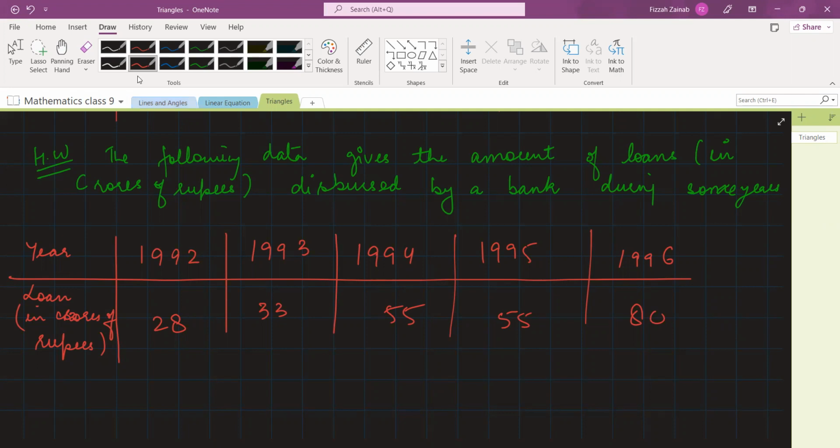So what you have to do here is, first, represent the above data with the help of a bar graph.